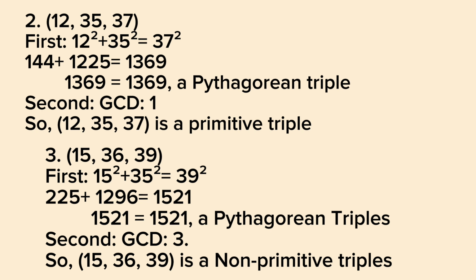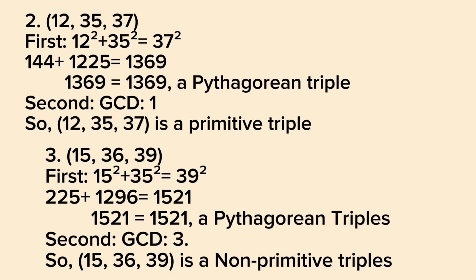That's a Pythagorean triple. The second is GCD. So our GCD is 1, since the three of them can only be divided by 1. So 12, 35, and 37 is an example of a primitive triple.